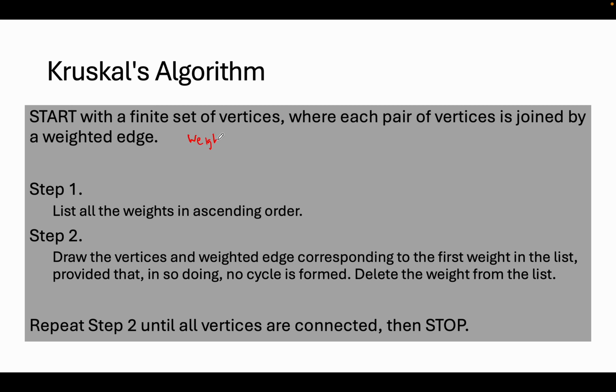This is the building-up method for the tree that we talked about last time, where we choose the least edge, as long as that edge isn't going to make a cycle and we're adding in a vertex that wasn't previously connected. And then you delete the weight from the list and move on to the next one. Then we repeat step 2 until all the vertices are connected, and then we're done.